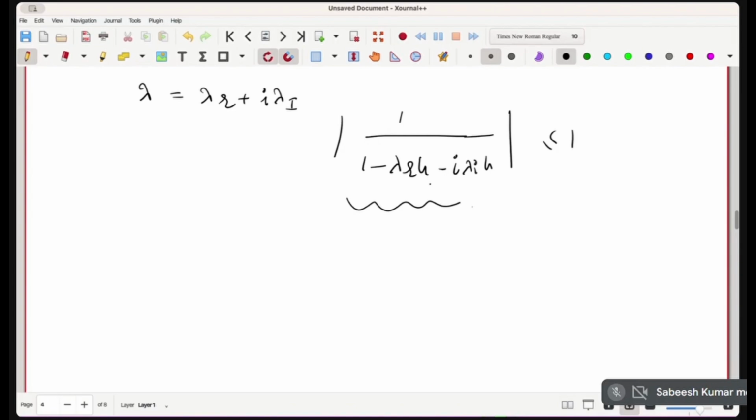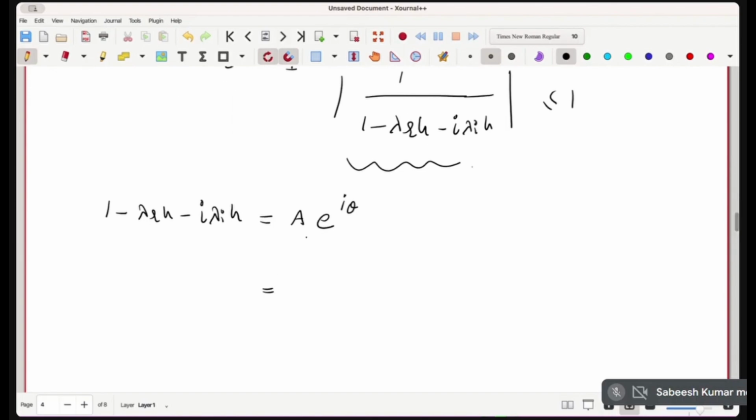What is this quantity? This quantity is basically a complex number, and a complex number, 1 minus lambda r h minus i times lambda i h, in general can be written as amplitude times a phase. We can write this as a times e to the power i theta. What is a? A is the magnitude of this, where a equals square root of real square plus imaginary square.